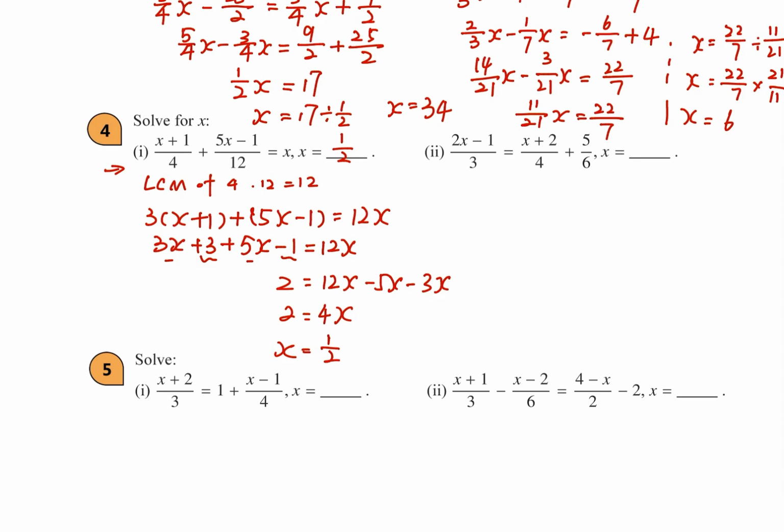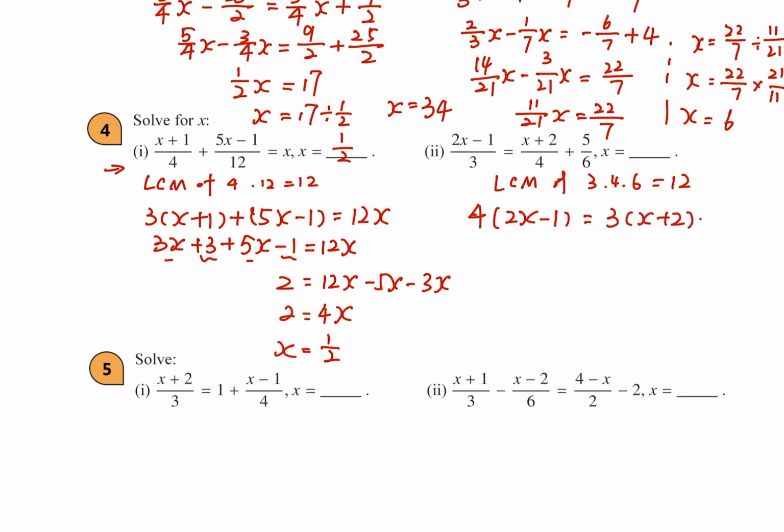And then with the second one, similarly, let's find the LCM of 3, 4, and 6. And obviously, it's 12 again. So we want to multiply every term by 12. After we multiply each term by 12, we will get 4 times (2x minus 1) is equal to 3 times (x plus 2) plus 5 times 2.